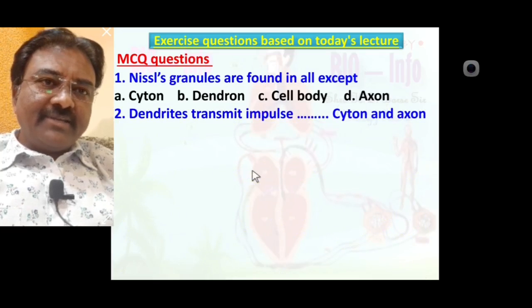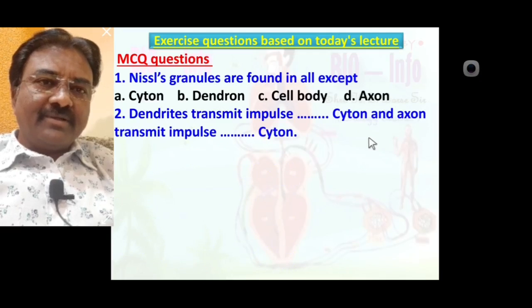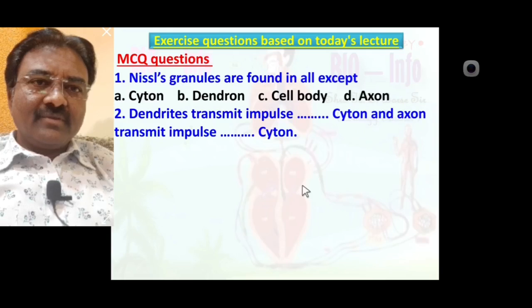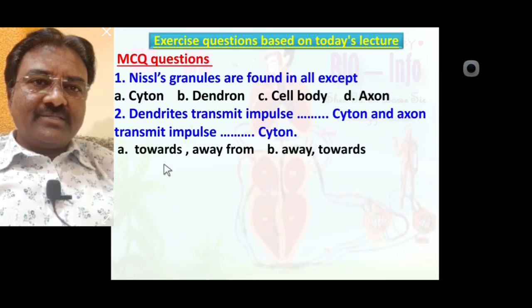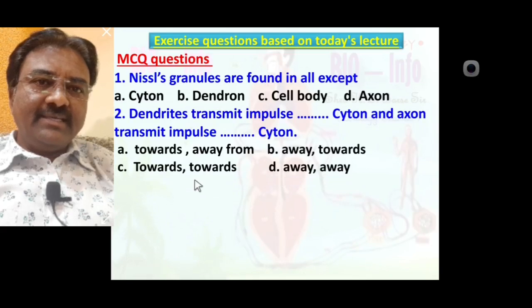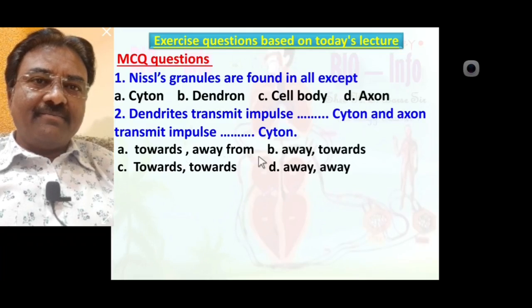Dendrites transmit impulses dash from cyton, and axon transmit impulses dash cyton. A, towards, away from; B, away, towards; C, towards, towards; D, away, away. Yes, the correct answer is towards, away from.